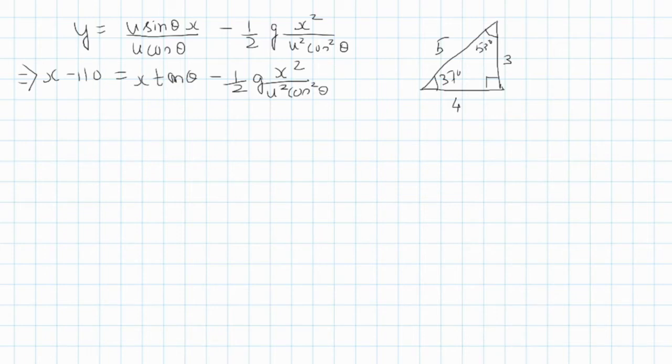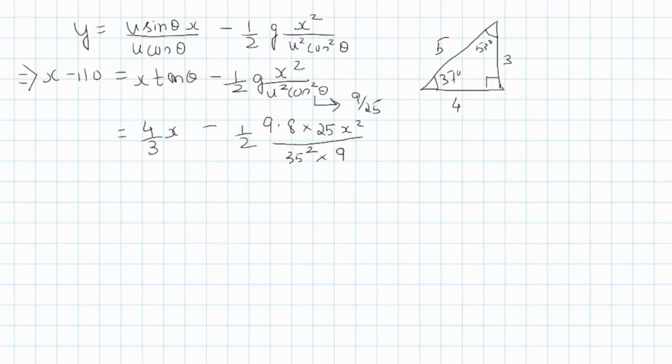So what is this? 4 by 3 x minus half of g, which is 9.8, into, now putting the value of cos 53. So cos 53 will be 3 by 5, so cos square 53 is 9 by 25. So we can write it like this: 25 x square by 35 square into 9.